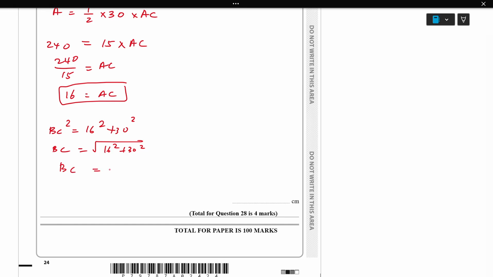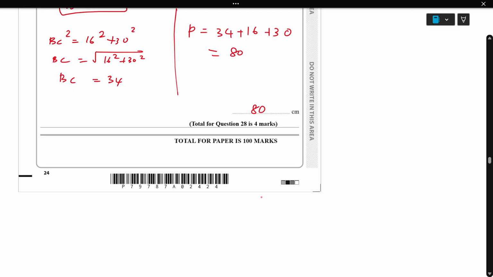So BC equals 34. Now we need to find the perimeter. We add all the sides: 34 plus 16 plus 30, which equals 80. So the final answer is 80 centimetres, the perimeter here. So that's the end of the paper.